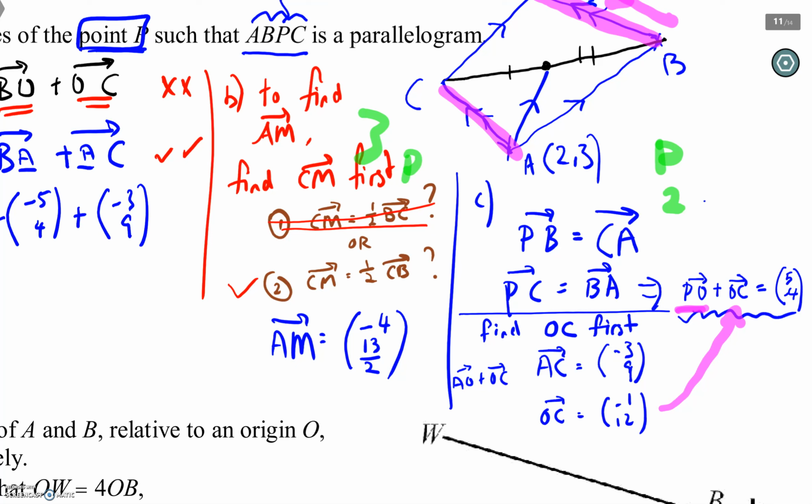Once I found PO, I can use PO equals negative OP. Then I find OP. Clear? Can I have the answer of OP? Negative 6 and 16. So therefore P is negative 6 and 16.